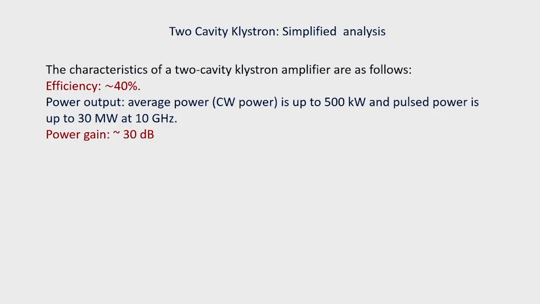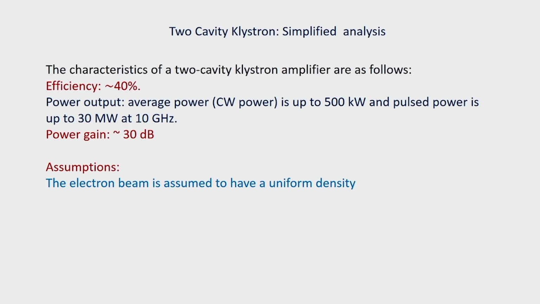So, it is the duty cycle which will decide the average power output, and the power gain that can be achieved with this type of amplifier is again of the order of 30 dB. So, 30 dB power gain means a power gain of 1000.